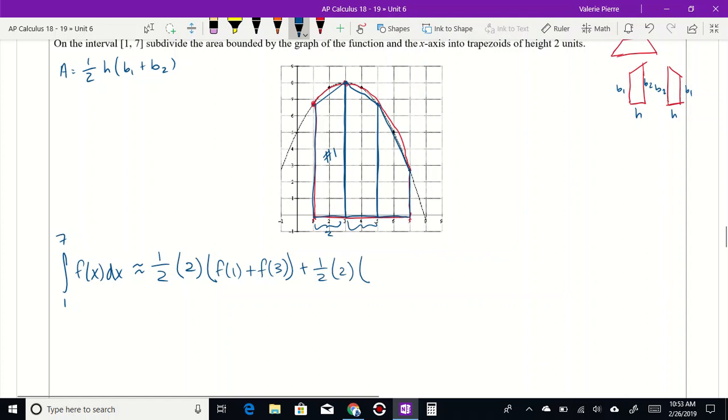Our base 1 is f of 3, plus our base 2, which is f of 5, plus trapezoid number 3, 1/2, again, a height of 2. Base 1 is f of 5, base 2 is f of 7.